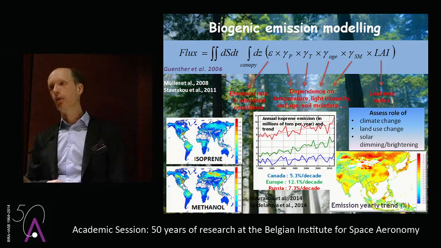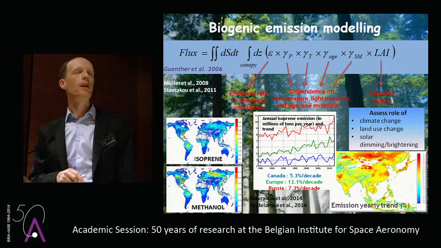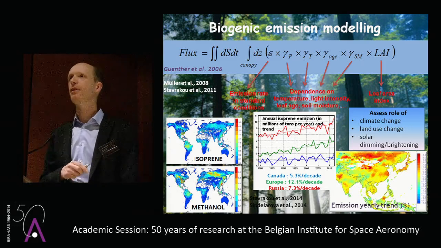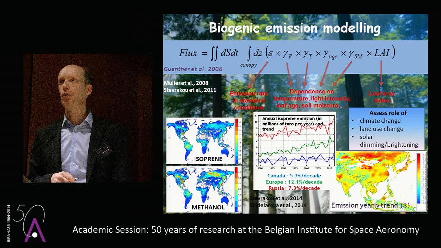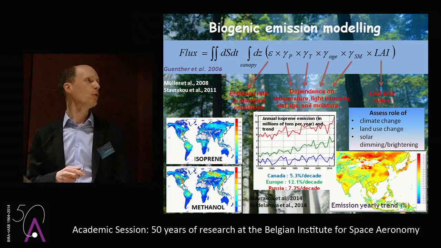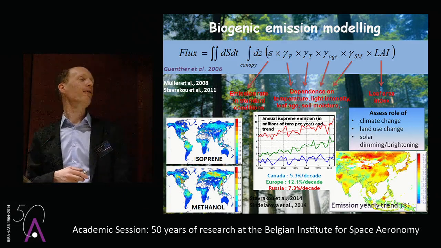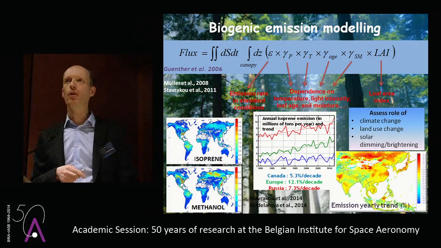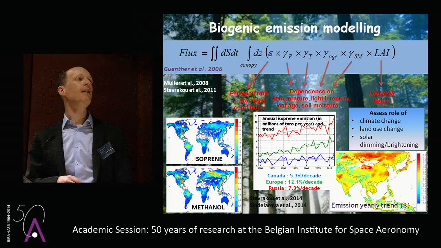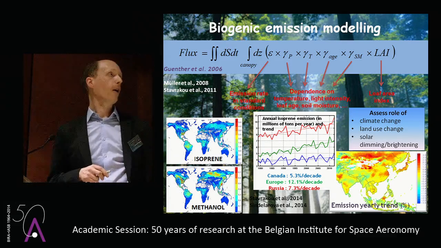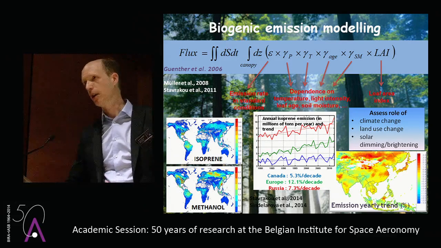That's a model result, of course, but it is partly confirmed by independent comparisons that we are doing now. That's too recent to be shown here, but we have good indication from the formaldehyde data that indeed in many of these regions from the high latitudes, the emissions are going up as a result of climate change.